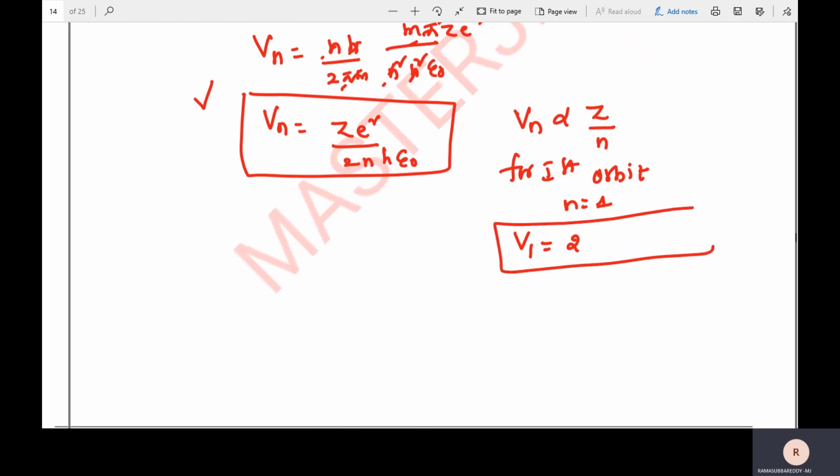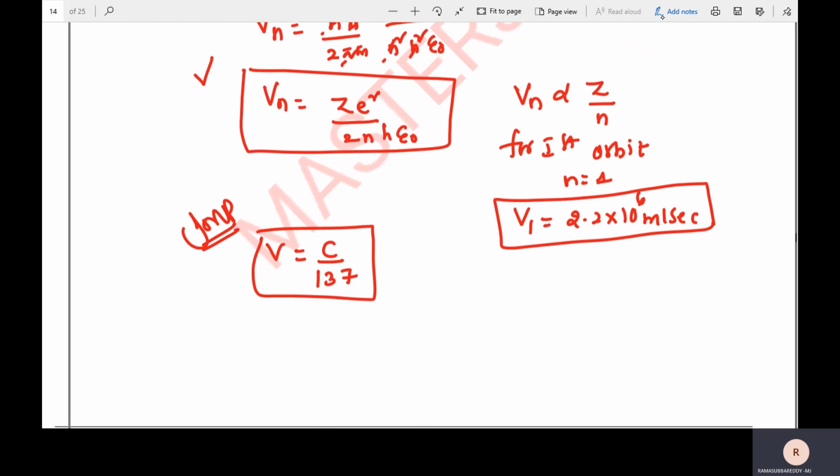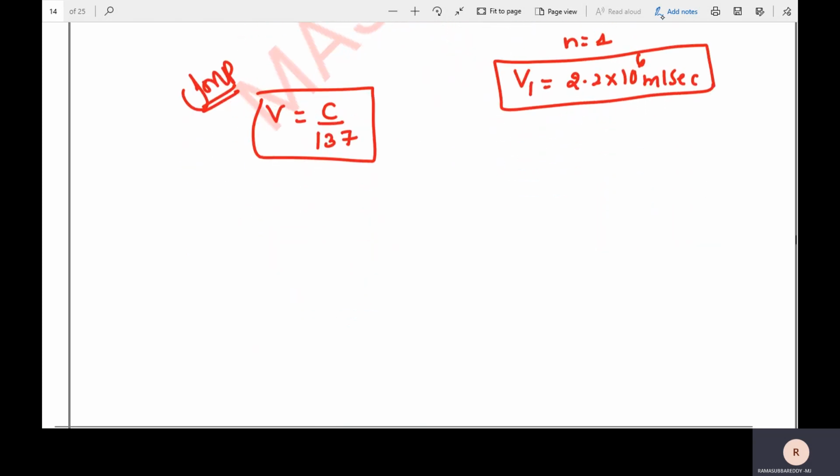This also you have to remember for the first orbit. And, more generally, we can use velocity v is equal to c by 137. This is also very, very important. After substituting all the constant values, we get v is equal to c by 137.